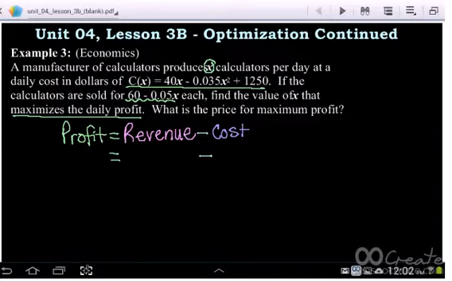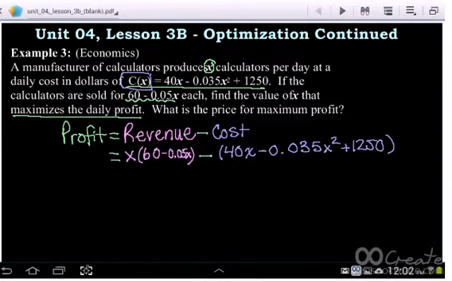So if we sell x calculators and we sell each calculator for 60 minus 0.05x dollars, that will tell us how much money we have coming in, and then we're going to subtract the entire cost function from the revenue. We could write just C(x) here, but I'm going to go ahead and put the entire equation in there.